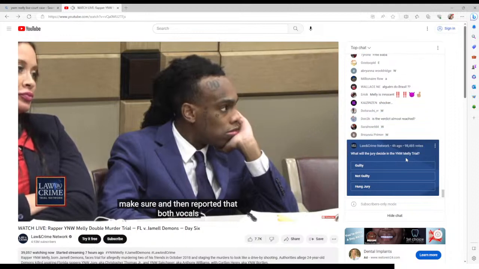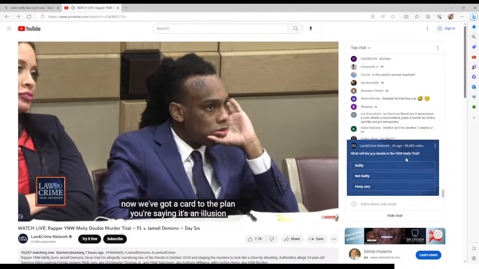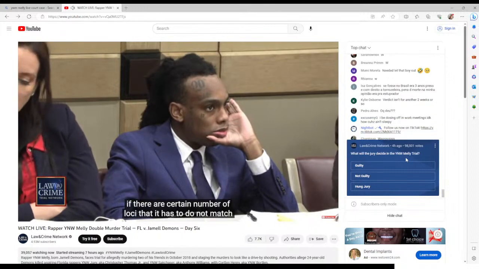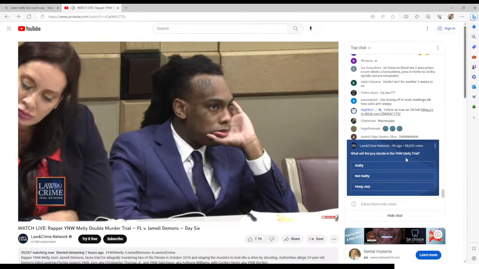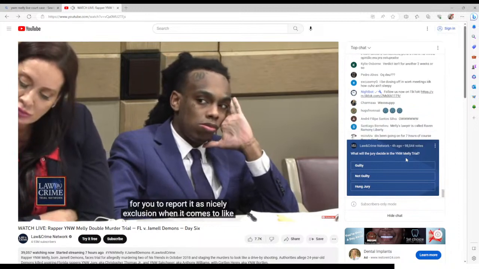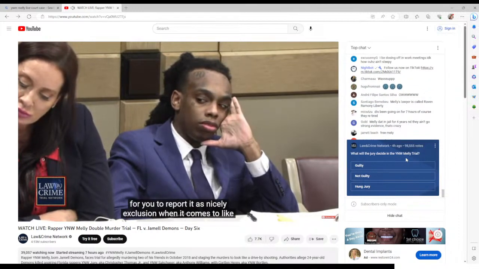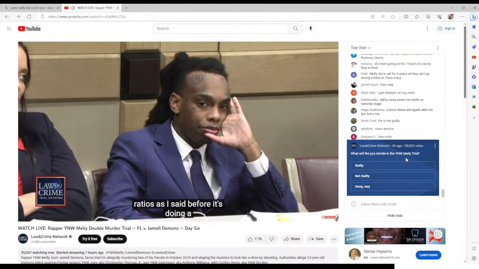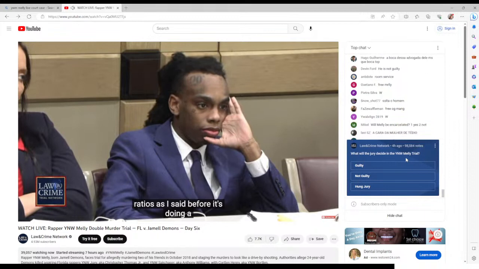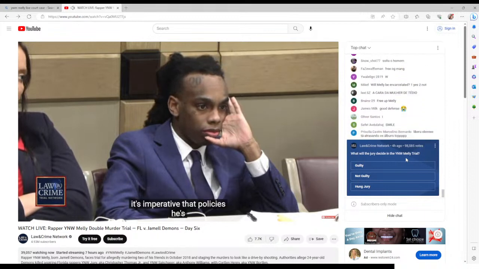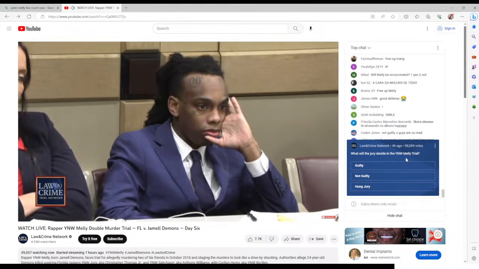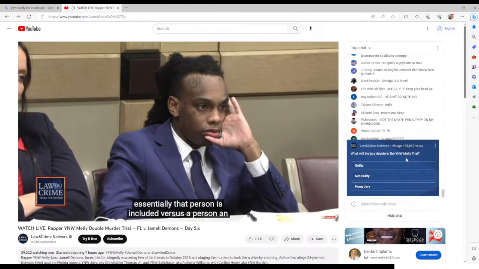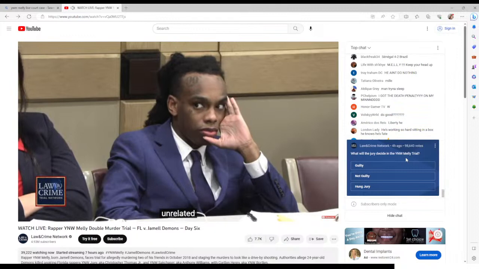So with regards to when you're saying it's an exclusion, is there a certain number of loci that it has to not match for you to report it as an exclusion? When it comes to likelihood ratios, as I had mentioned before, it's comparing two hypotheses, essentially that a person is included versus an unrelated unknown individual is included.